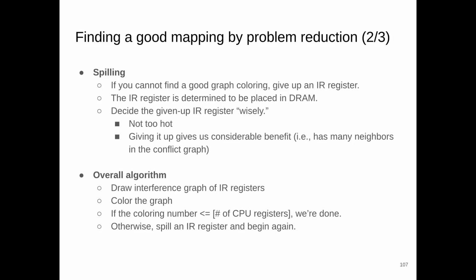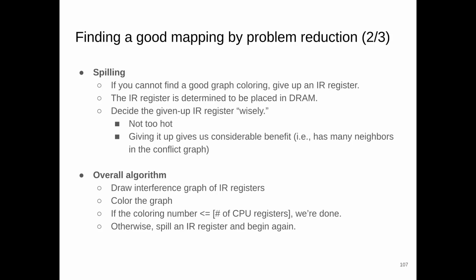And if so, we are done. And if it is not, you spill again and again until you get a good coloring. Okay, that is the overall algorithm. And in this lecture, we'd like to discuss a little bit more about each step.